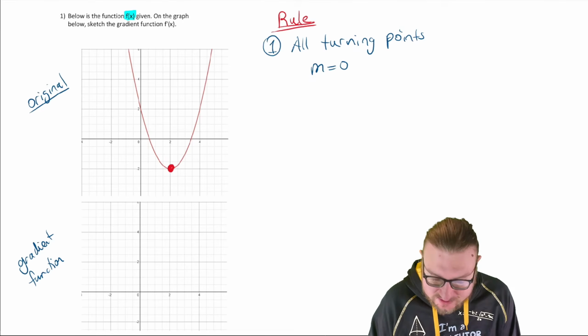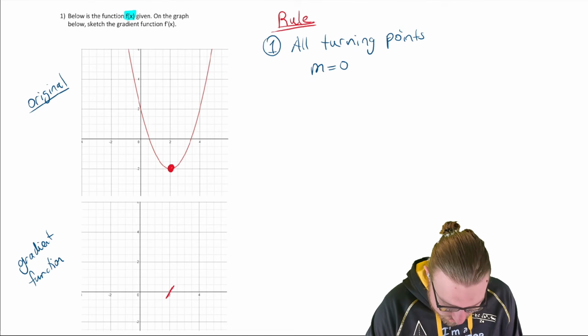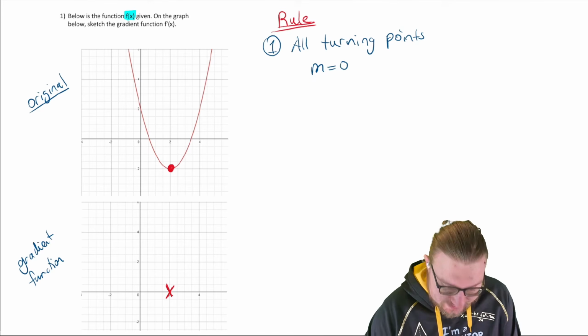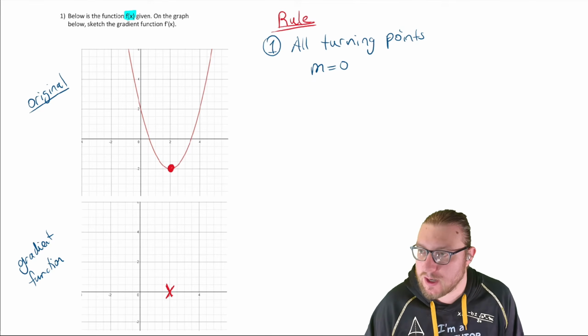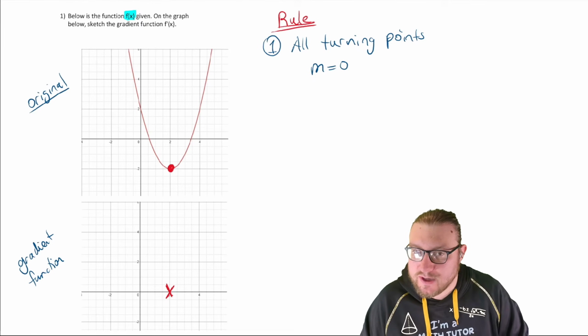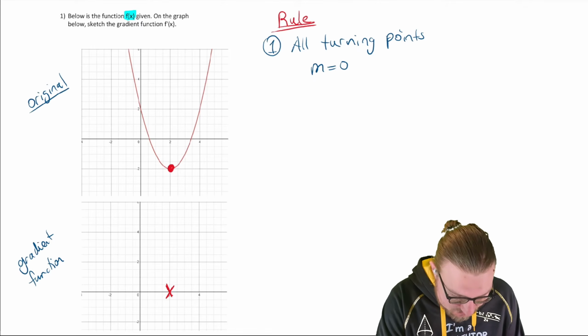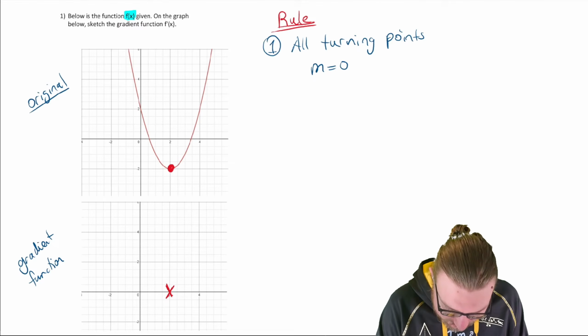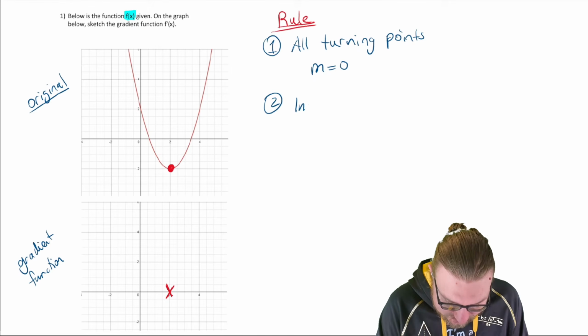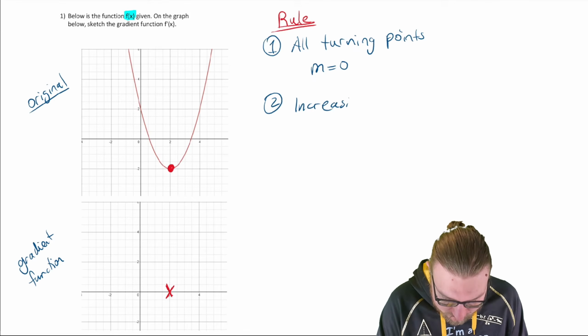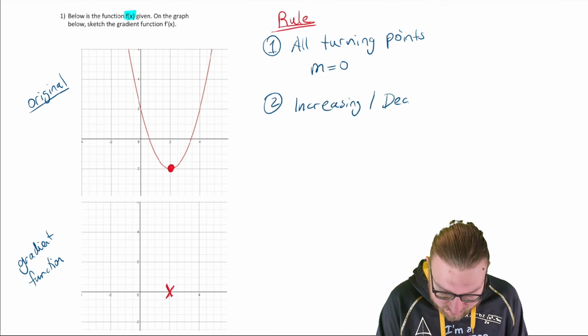So the gradient is 0. That means we are going to go through the x-axis at that point for our question. For the gradient function, it goes through that point because the y value here is 0. Okay, so the second part that we are going to check is increasing and decreasing.